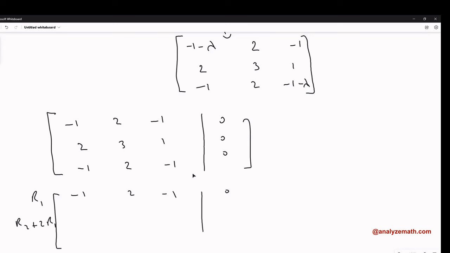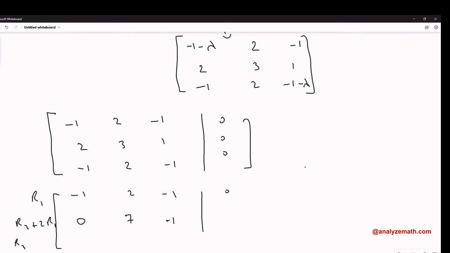If we have a 2 here, we need to multiply this by minus 2, so that 2 plus minus 2 gives me 0 here, and 7 here, R2 plus 2R1, and negative 1 here. Now the third row, we just replace it by R3 minus R1.